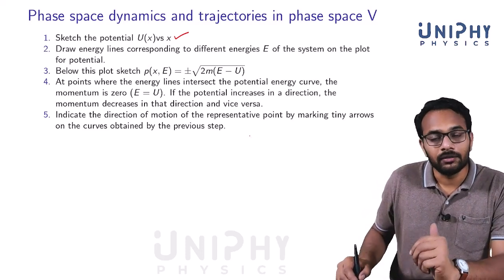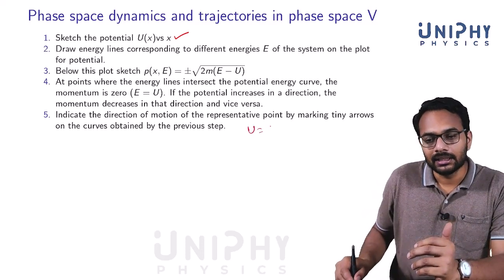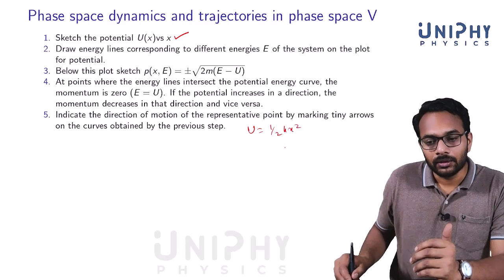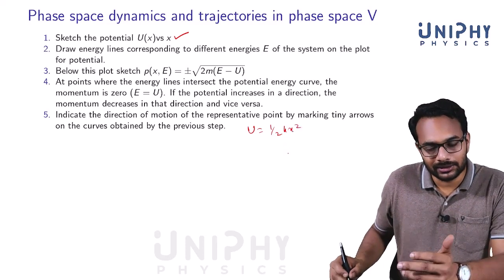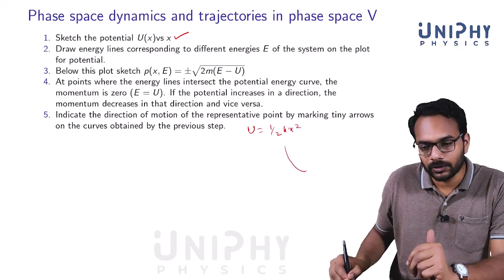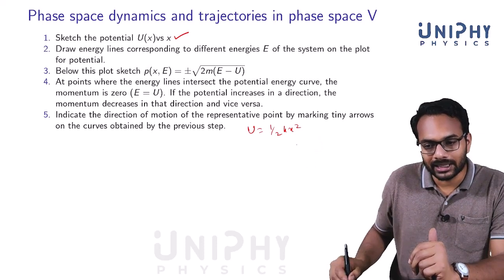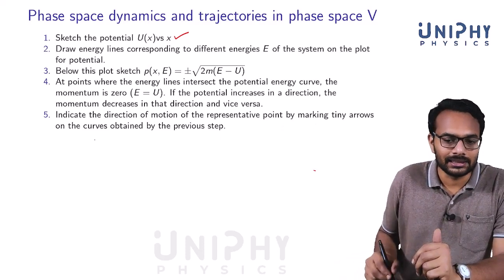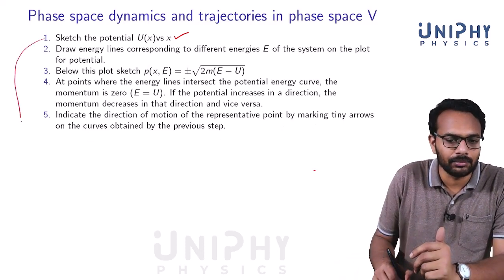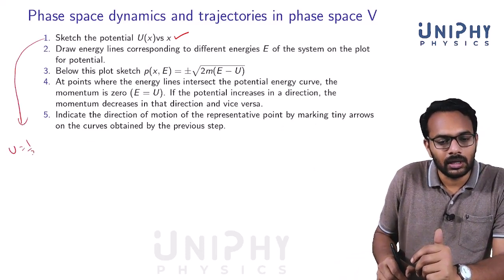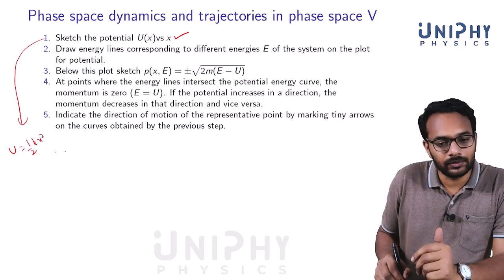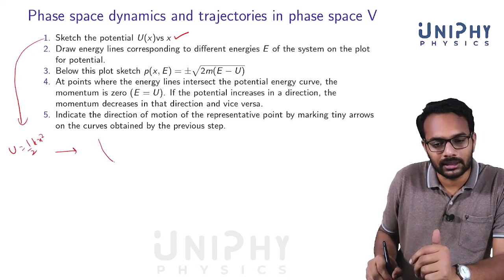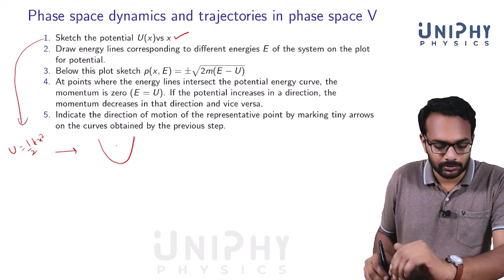For example, if you are given the potential half kx squared, we plot this. It's easy to plot because we know that this is a parabola. If we don't know, there are other steps that we can take to plot this, and we'll discuss this in detail. So let's just take this example of U equal to half kx squared. The first step is to plot this potential.